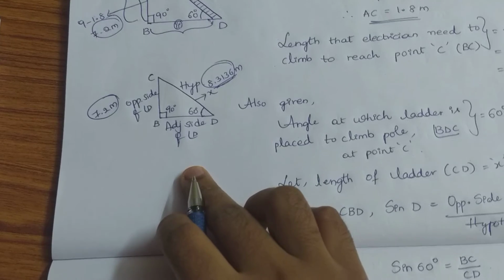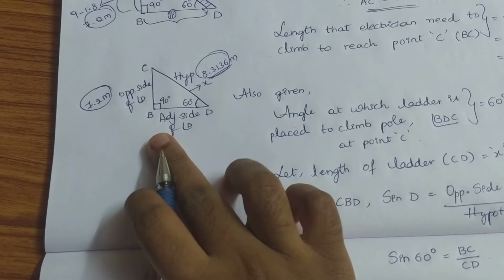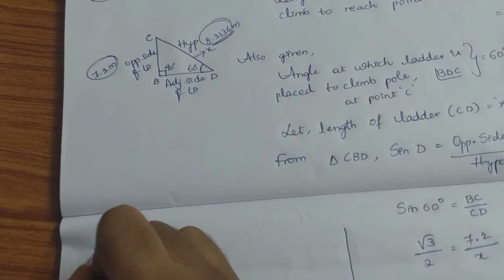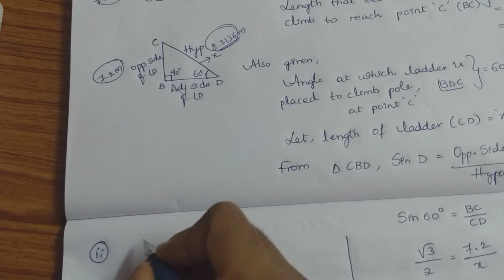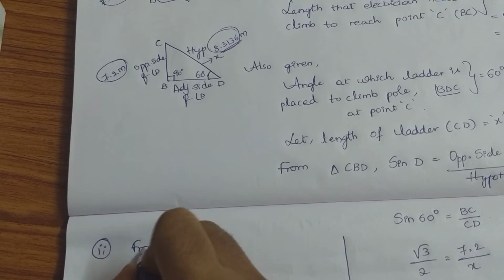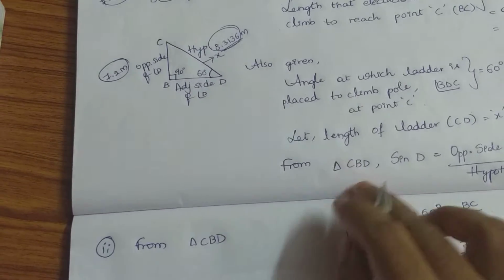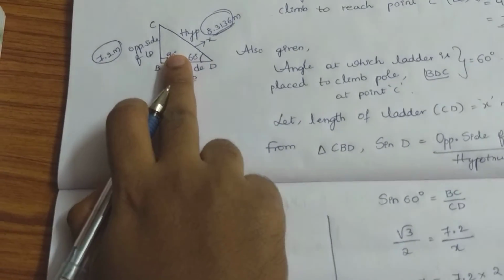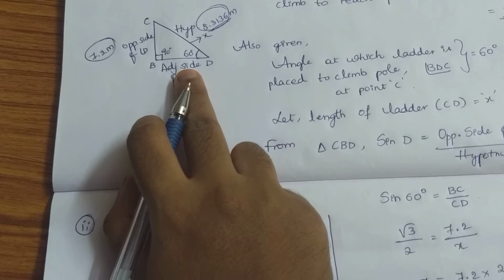Here, to make the calculation easier, I am using the cos trigonometric ratio. Why? I will tell you now. See here, the second thing we need to find out is the distance between B and D. So from triangle CBD, which is a right angle triangle, we need to find the adjacent side. How to find the adjacent side?